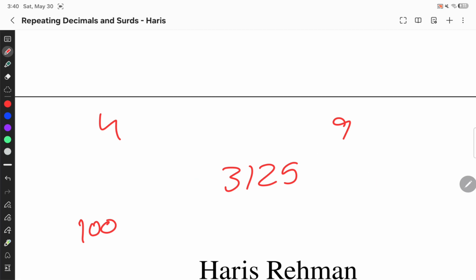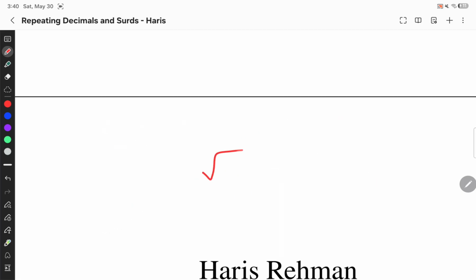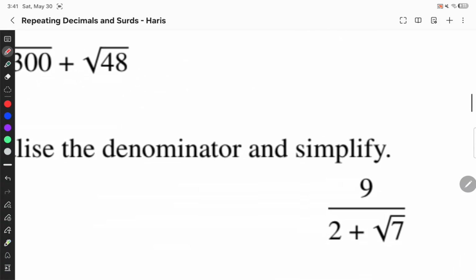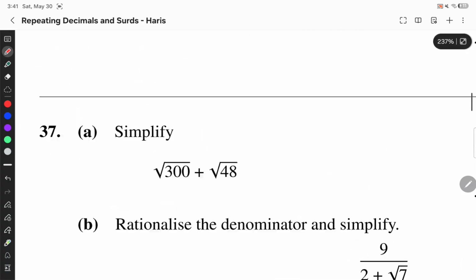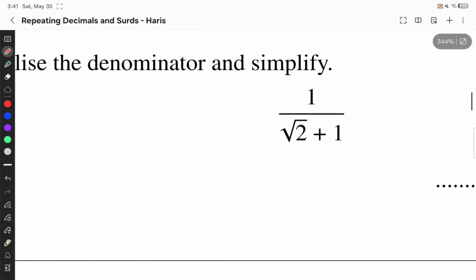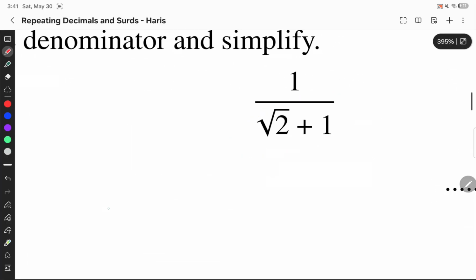However, a surd does not evaluate to an integer. It is irrational, non-repeating, non-terminating. For example, we have square root of 2.